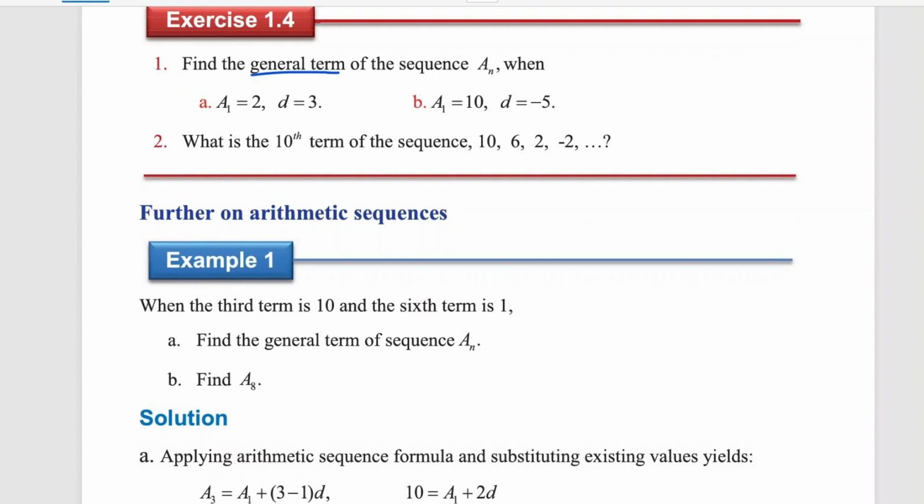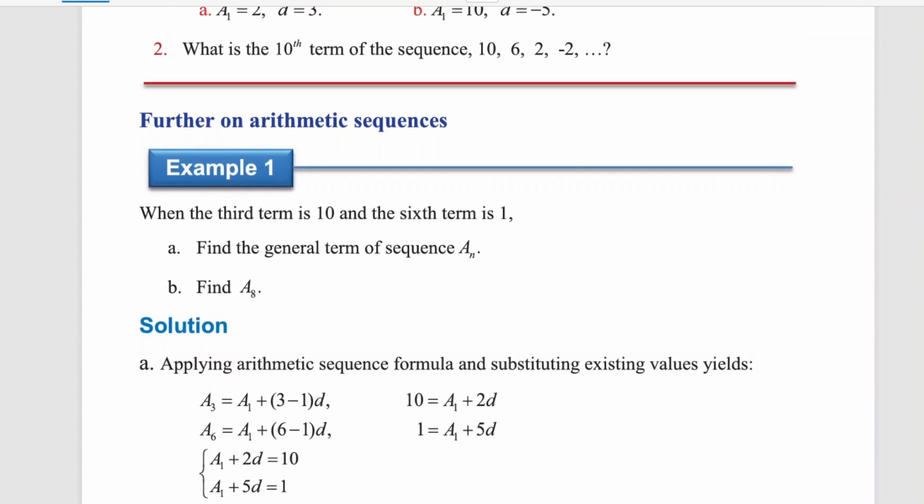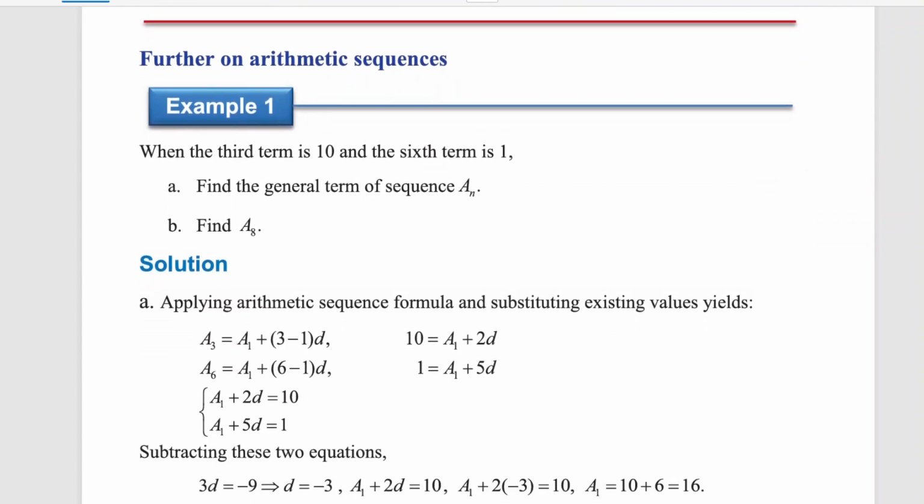Okay, let me jump to further arithmetic sequence. When the third term is 10 and the sixth term is 1, find the general term of the sequence. Kana dura kan laalaa turre keessatti A1 fi D nuu kennee general term barbaadamu jechaa ture.